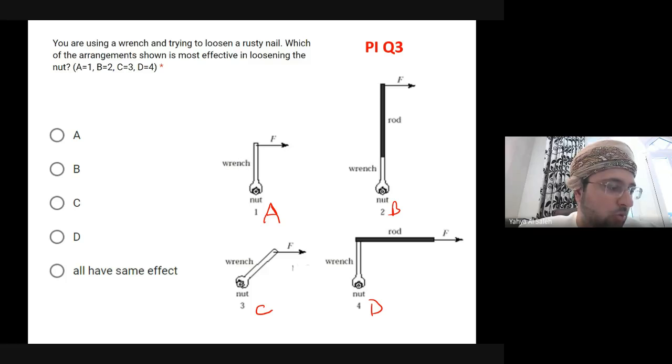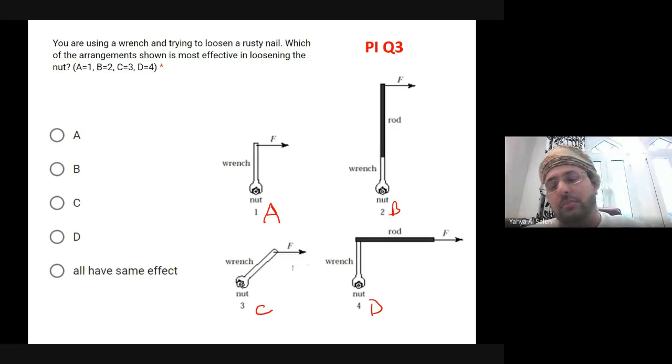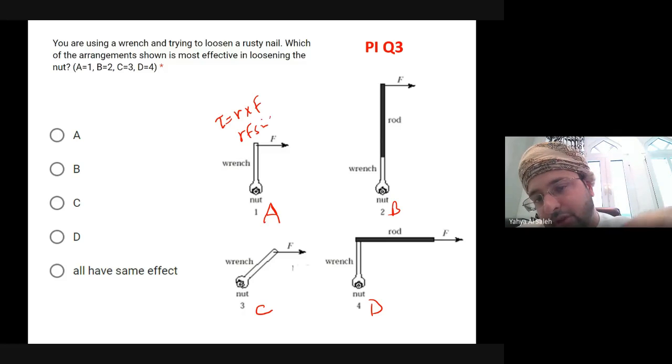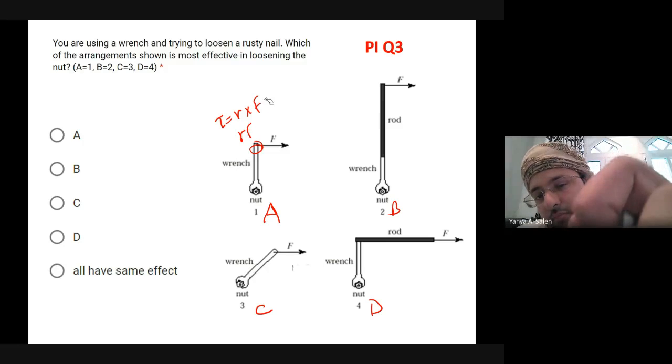Okay, you have a whole range of options. Let's take a look. For A, my torque is going to be R cross F, RF sine theta. It's at 90 degrees, so it's simply going to become RF.